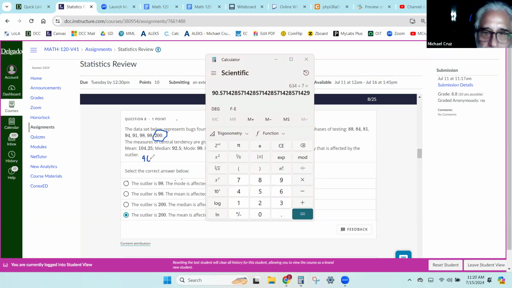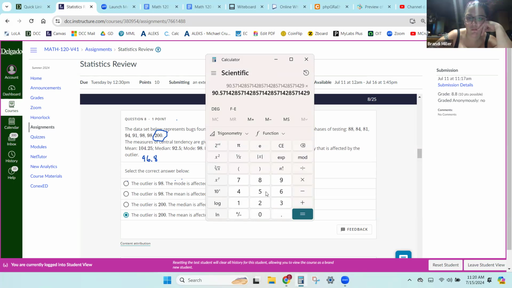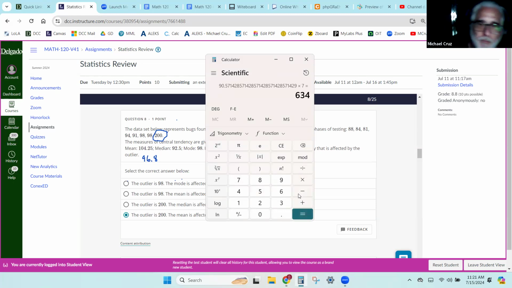Is it like finding the mean when you add it all together and divide by itself? Yeah, that's the mean. So what they did is, we go back to what we had, and we add that 200 to it, and then divide by 1, 2, 3, 4, 5, 6, 7, 8.